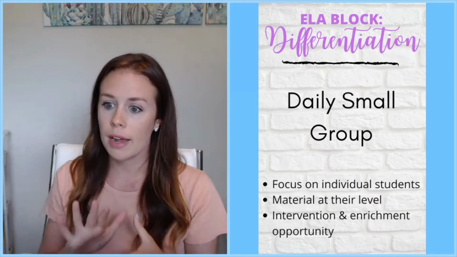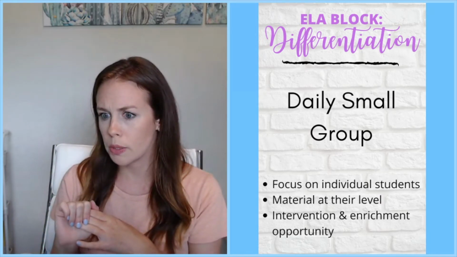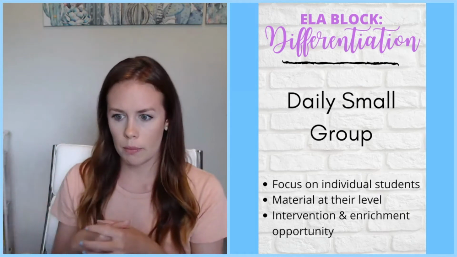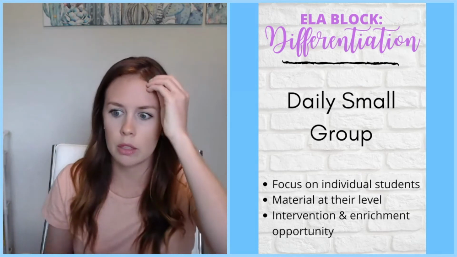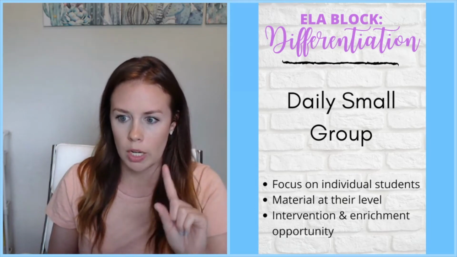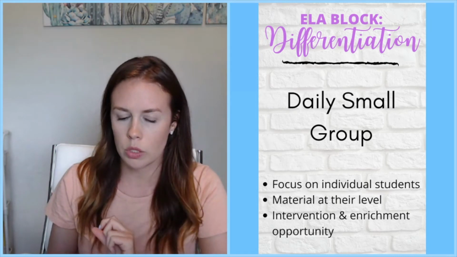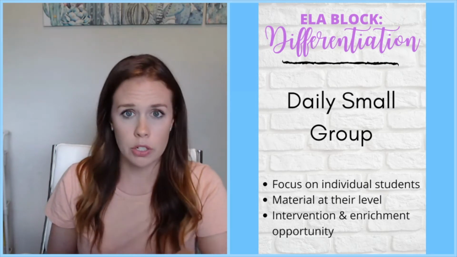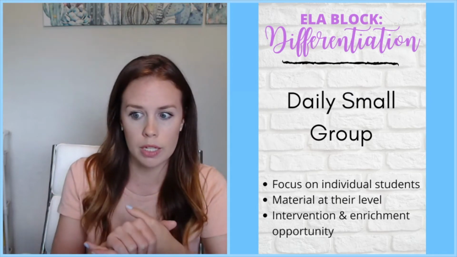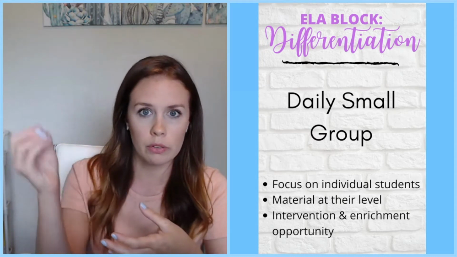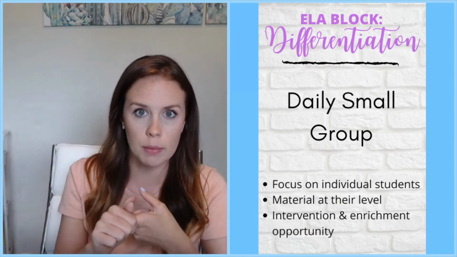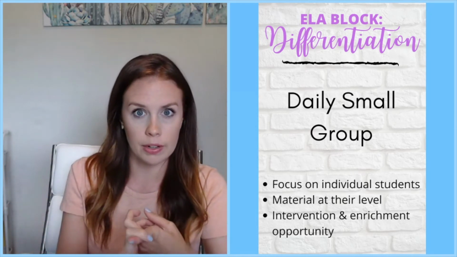I have actually never tried daily 5 with heterogeneous groups, and y'all can correct me if I'm wrong in the comments, because it's been a couple years since I've read the book, but I think the 2 sisters who wrote the books for daily 5 suggest to do homogeneous groups with daily 5. I'm not sure though. I'm pretty sure you can still do daily 5 groups with heterogeneous groups, because you can go the route of a choice board where they're picking their own skills, and you're teaching them how to pick books that are at their skill level.